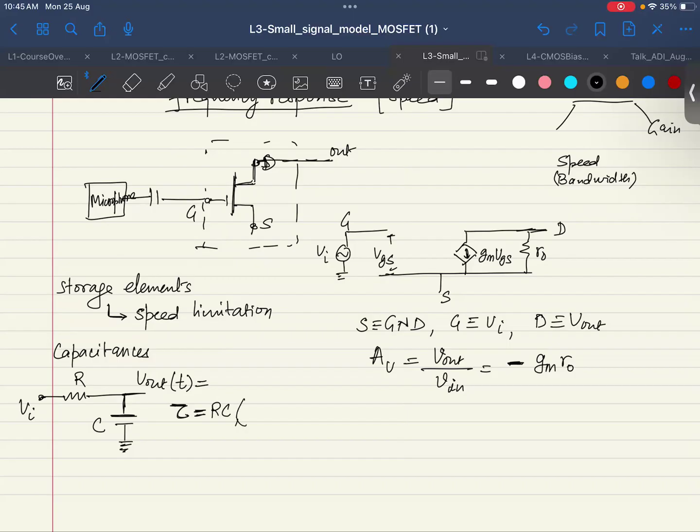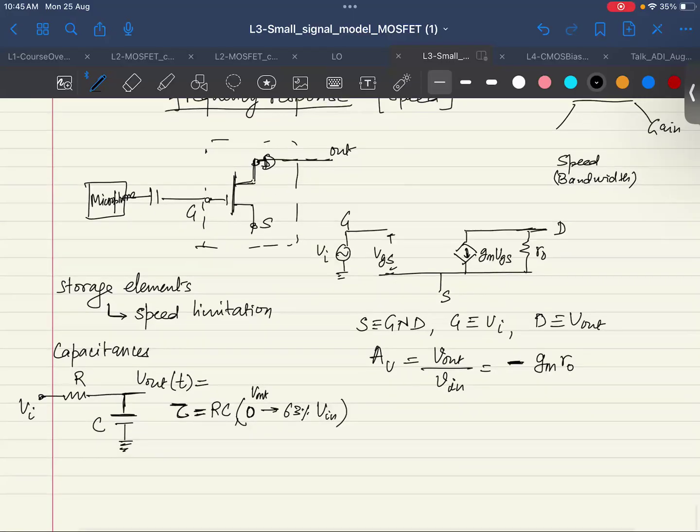So RC is the time spent for your output to go to 63% of your input, right? So that is the speed limitation clearly, because we see in time domain that there is a time you are taking to basically charge the element.